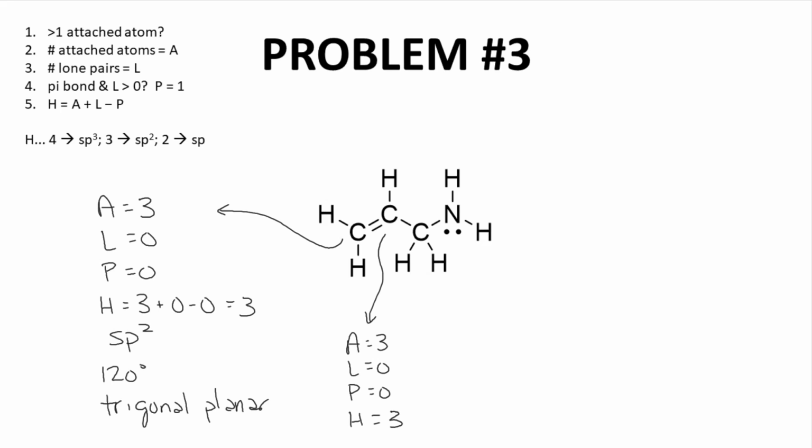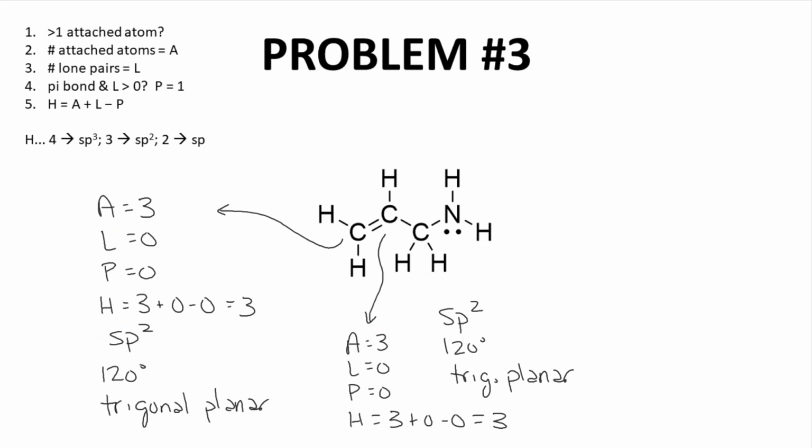And we get the same number as the previous one. 3 plus 0 minus 0 is 3. This is also going to be sp2. Now, sp2 with 3 attached atoms, we've seen that before. And what we saw on the table was 120 degrees and trigonal planar.